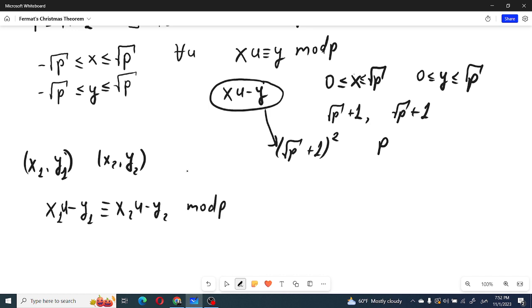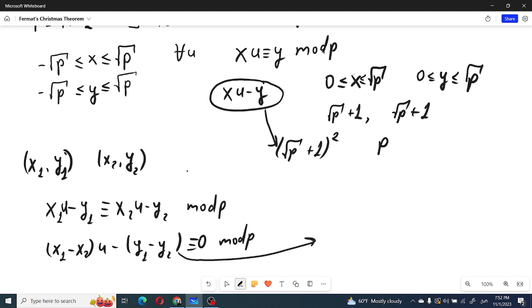Now let's discuss the number x1 minus x2 times u minus y1 minus y2. This number must be equal to 0 mod p. So we can conclude that this number must be in the range from negative square root p to square root p, less than or equal to square root p.